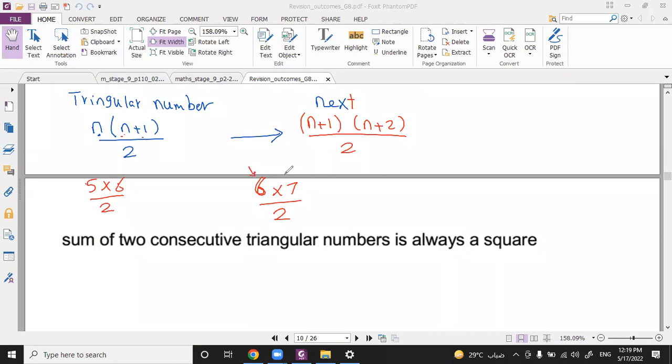So it's n plus 1 times n plus 2 divided by 2. So if I assume that the triangular number is n times n plus 1 divided by 2, the next one is n plus 1 times n plus 2 divided by 2.